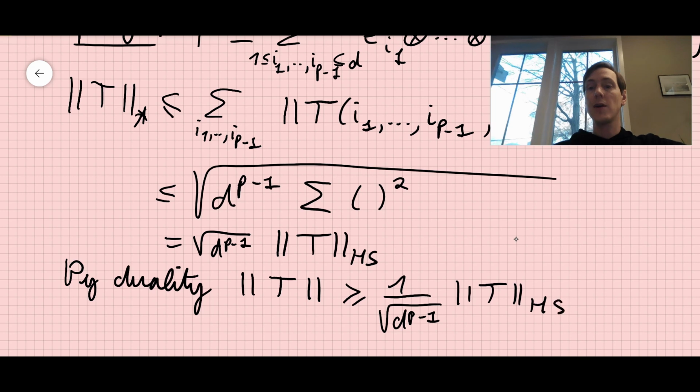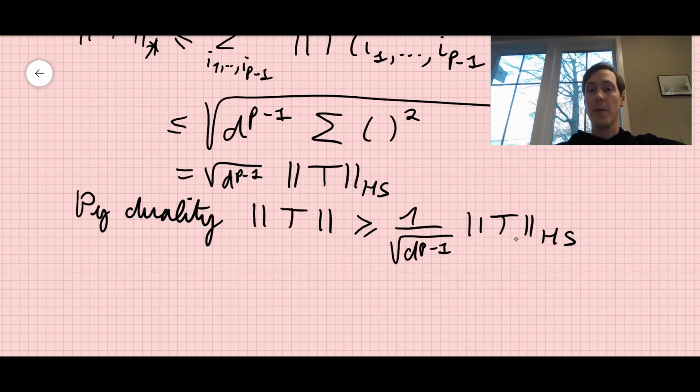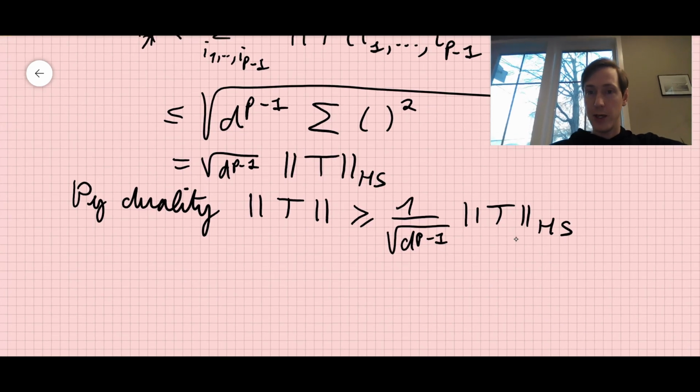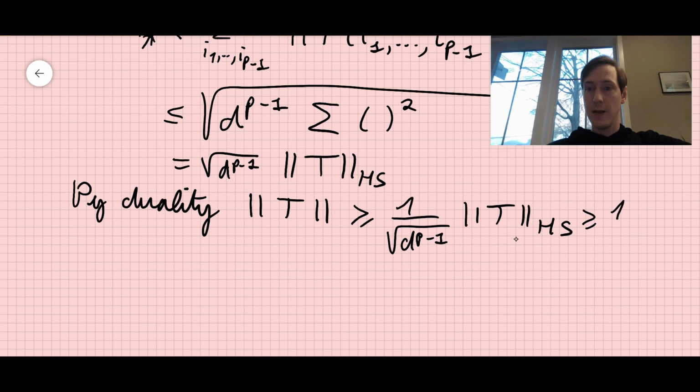So this is larger than the Hilbert-Schmidt norm, which again is larger than 1 over d to the p minus 1 times the norm star. So this concludes the proof.